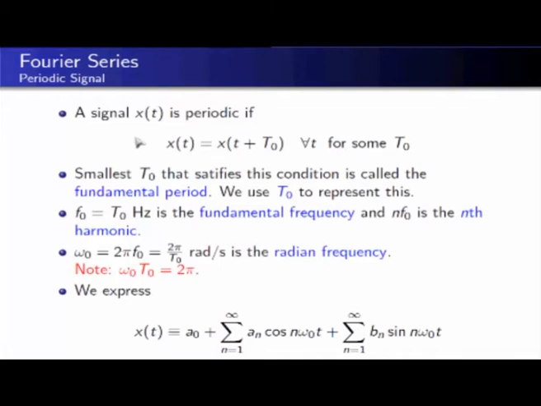Let us start with the definition of a periodic signal. Right? A periodic signal is defined as follows: if x of t is indistinguishable from its delayed version for a fixed value of delay such as capital T, then that function is periodic.